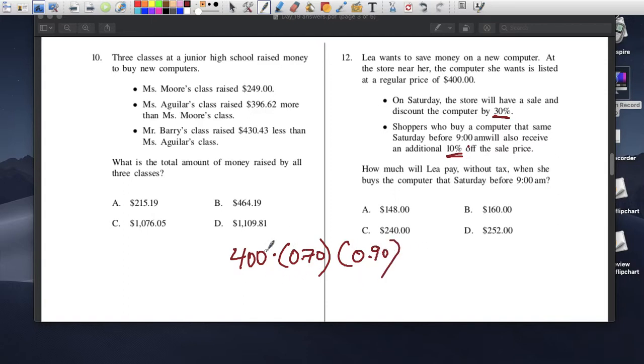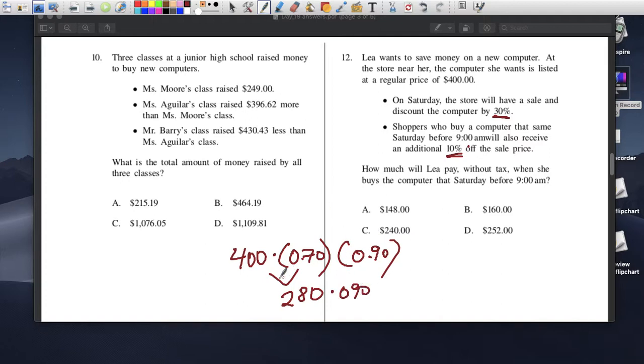So you would get 400 times 0.70. So after the first discount, the price of the computer lowers to this. Then applying the second discount, you're going to multiply by 0.90 because you get a discount of 10%.